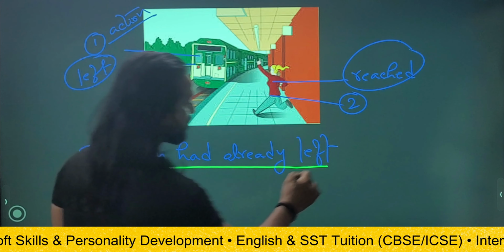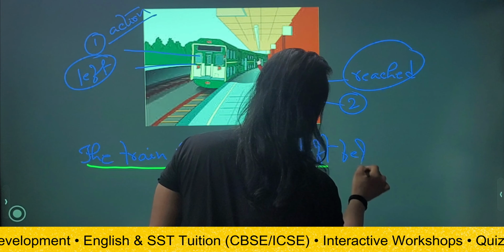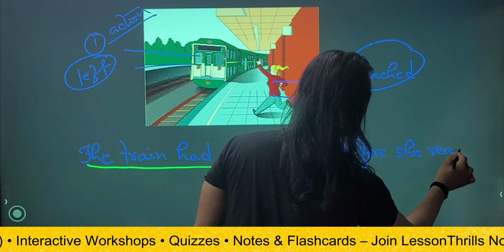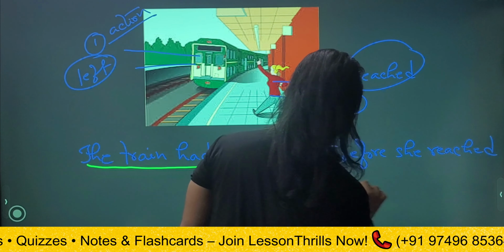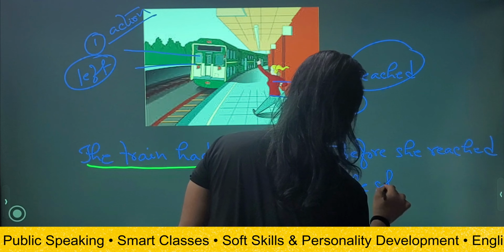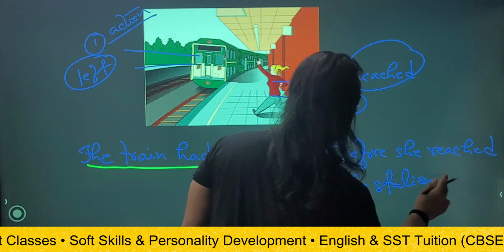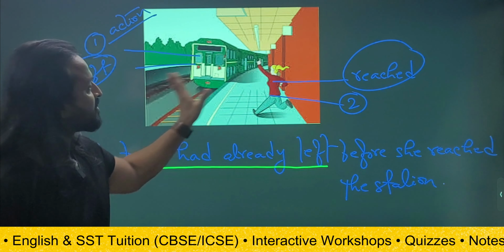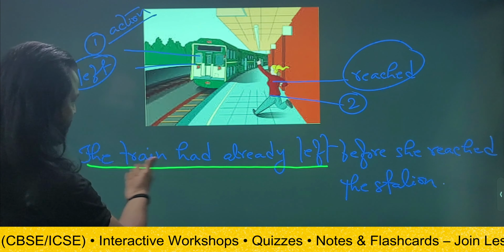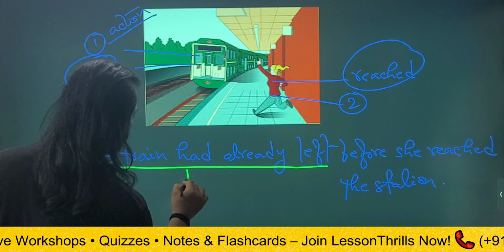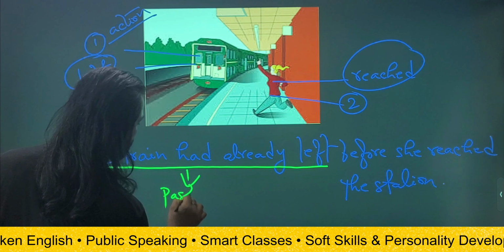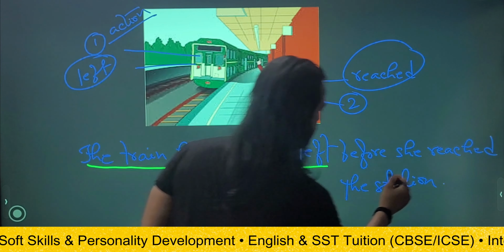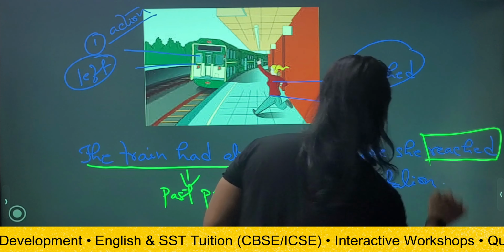The train had already left before she reached the station. This is how we can use past perfect tense. लड़की के आने से पहले ही ट्रेन छूट चुकी थी. So the train had already left the station. Left, past perfect, past perfect. And then we wrote simple past, reached, simple past, right?